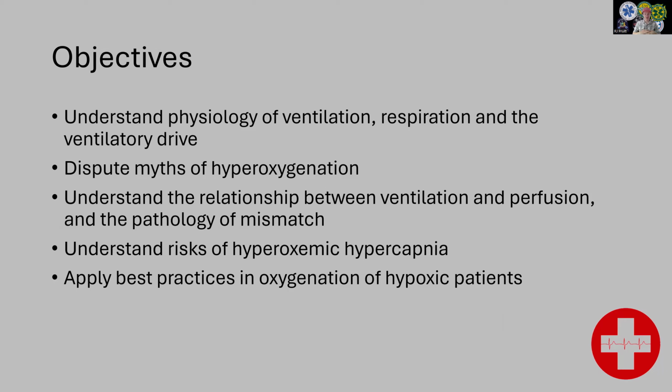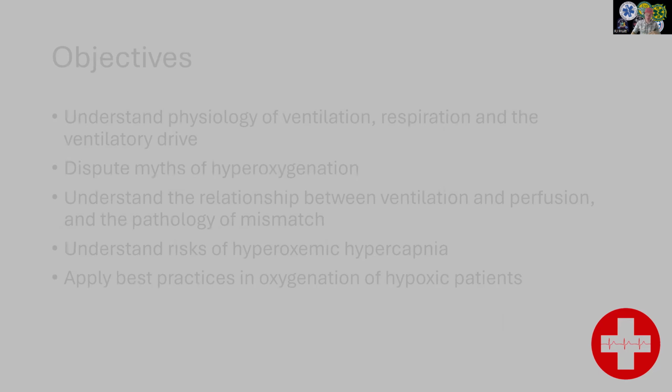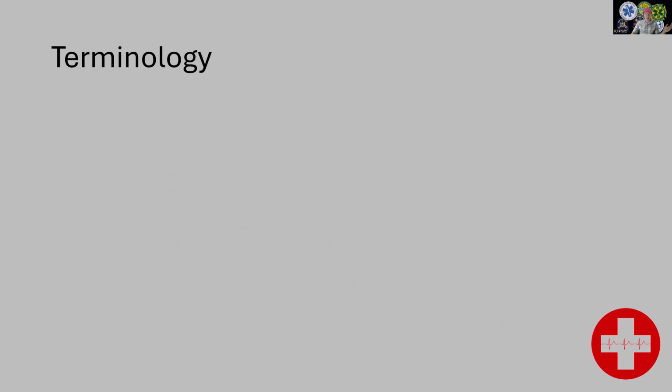I would challenge you, if you're listening to this right now, to think back about what hyperoxemic hypercapnia would mean. And then we'll talk about best practices at the end. A CME is only as useful as what you take home from it, so those are basically going to be our main take-homes.